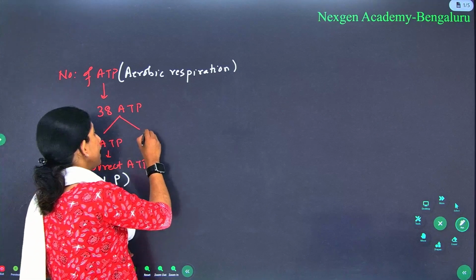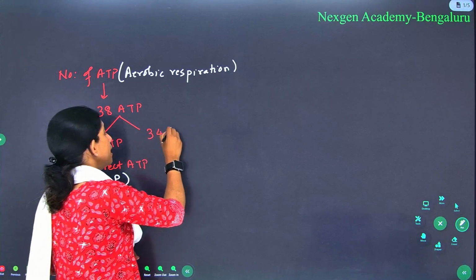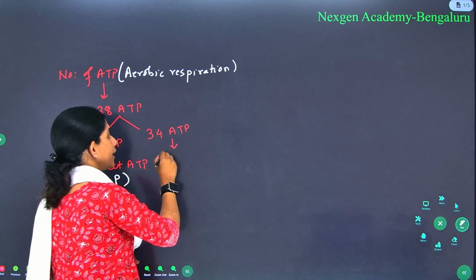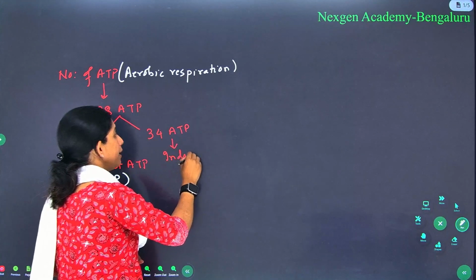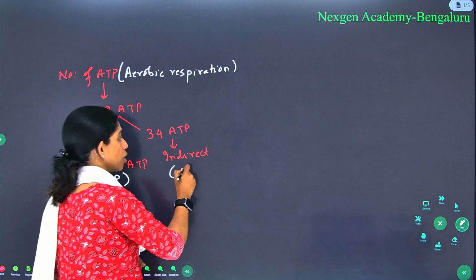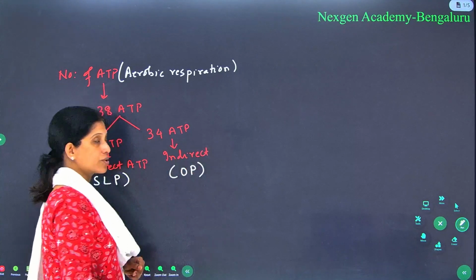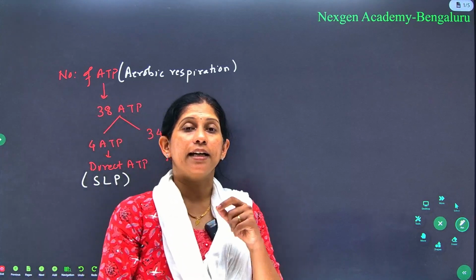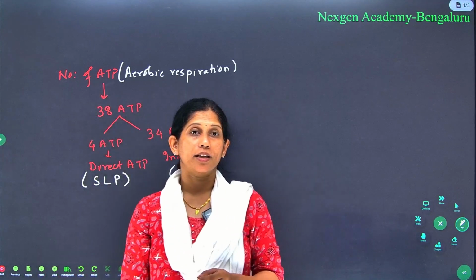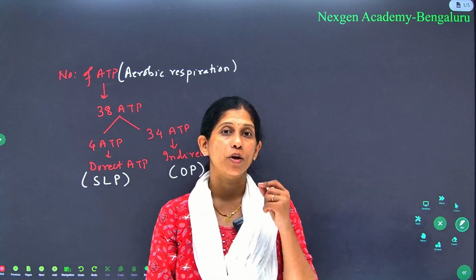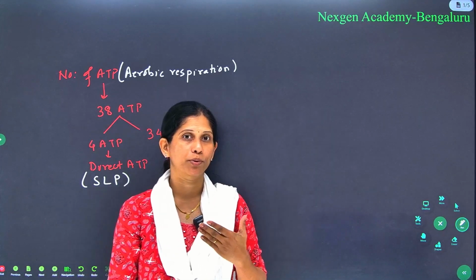And that means how many are pending? 34 ATP will be indirect ATP. Indirect ATP means through oxidative phosphorylation. What do we mean by oxidative phosphorylation? It is a process of ATP generation that happens during the electron transport system or electron transport chain process.